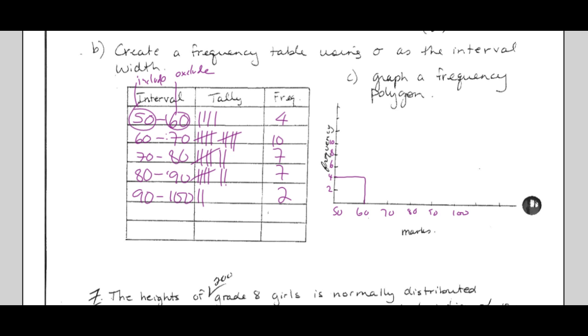Draw a bar across to there. Even if it says 50 to 59, do the bar like this. 60 to 70, whoops, go up to 10, cross, down. If you have a ruler, it's nicer, you know. 70 to 80, we got 7 of them. 80 to 90, we've got 7 of them. And 90 to 100, we've got 2 of them. Okay?